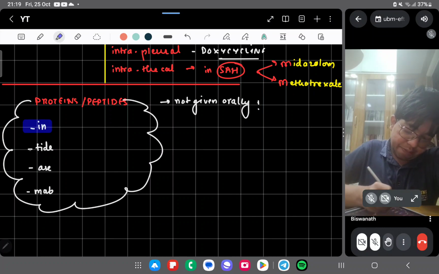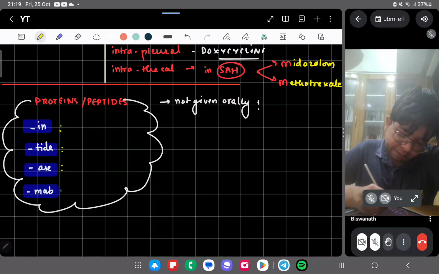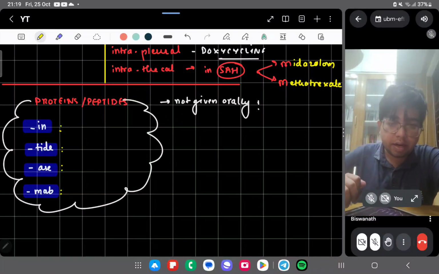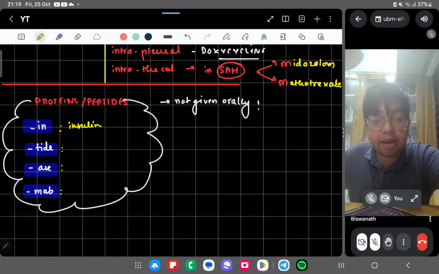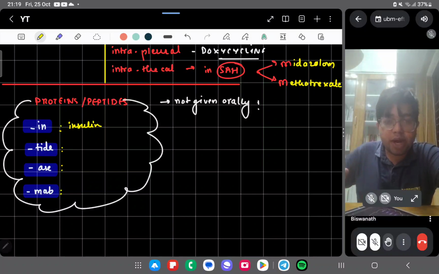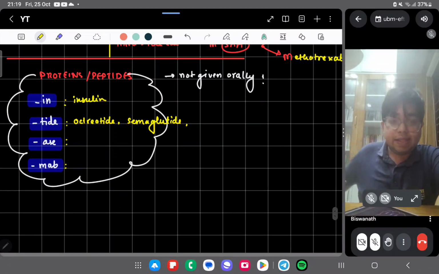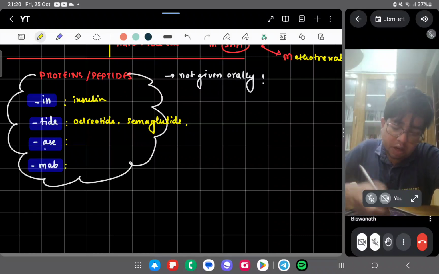You can't give it orally. What are the examples? Insulin, calcitonin. What are examples of tide? Semaglutide, teriparatide, octreotide. Many examples are there. Any others? Rasburicase, asparaginase, or the enzymes.